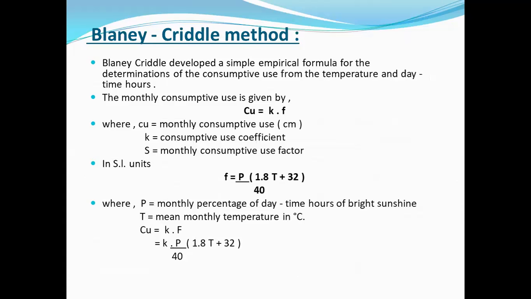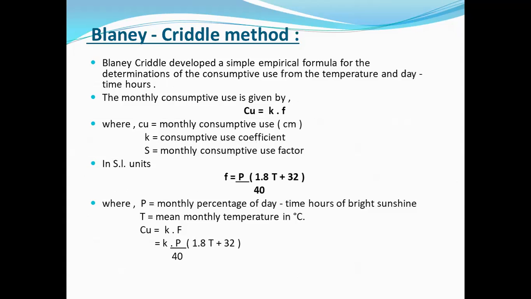The monthly consumptive use is given by the equation Cu equals K multiplied by F, where Cu is the monthly consumptive use in centimeters, K is the consumptive use coefficient, and F is the monthly consumptive use factor.